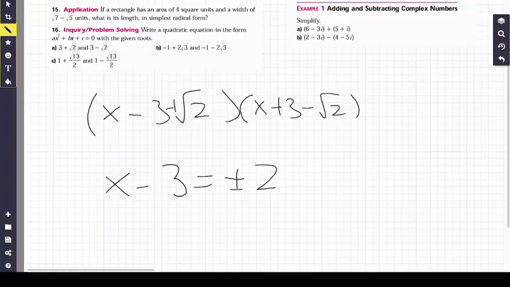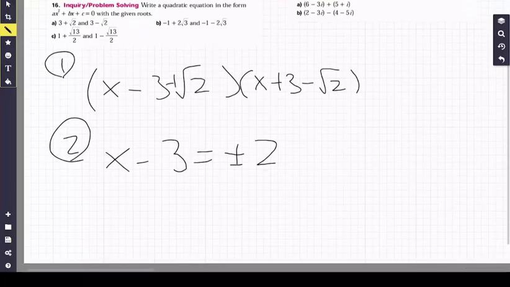And now basically what we're going to do is square both. So you could have done this. This was option number 1 that you had. Option number 2 was this. So we could have just squared both sides.